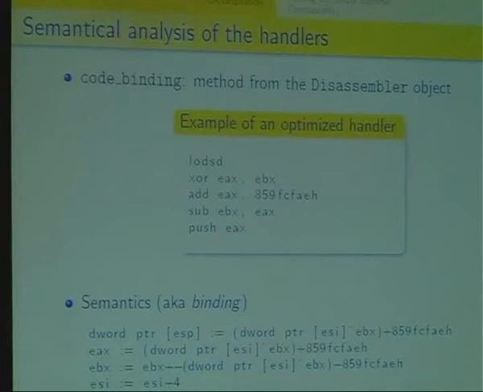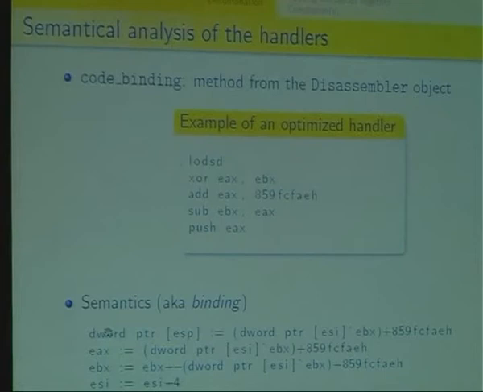To do this, we used a functionality that Yoann has presented to you, which is binding. We added a method to Metasm to automatically compute the binding of a block of code. It means we automatically compute the semantics of a block of code. You have here an example. It's the same handler that I showed you for the optimization. Using the code binding method provided by Metasm, we are able to automatically compute its semantics.